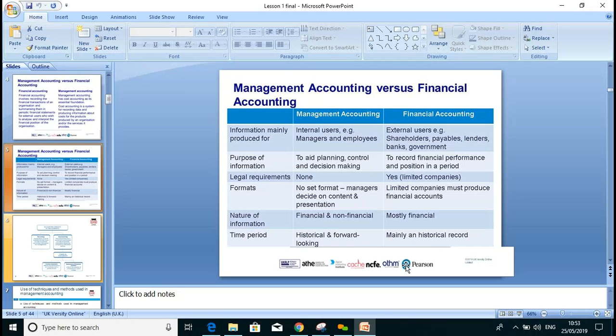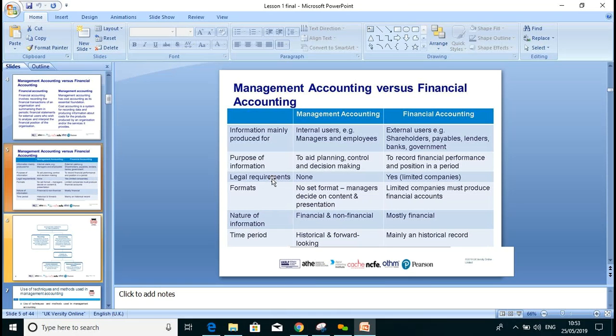Information in management accounting is mainly produced for internal users, but looking at the difference, financial accounting is for external use. Like the financial statements, anybody can access them from Companies House in the UK or the company's own website, and it's compulsory for them to publish in the public domain if it's a public limited company.